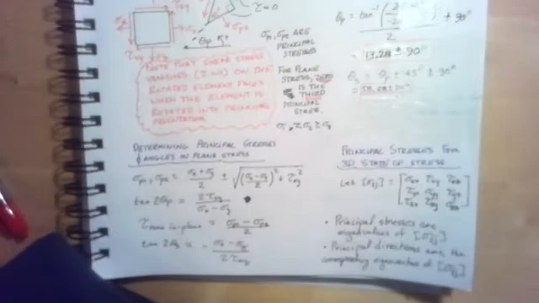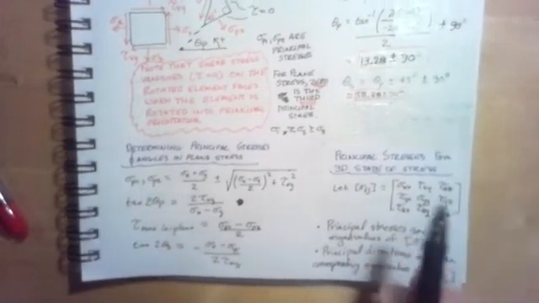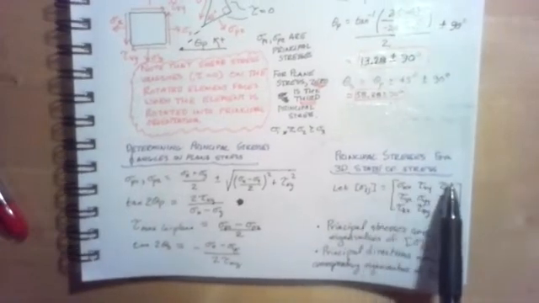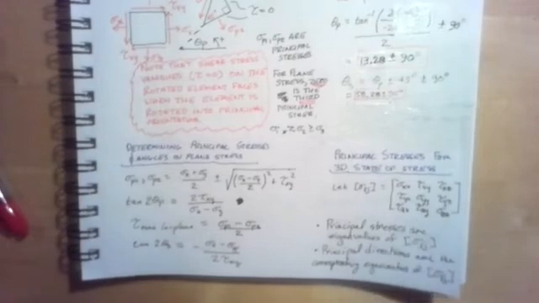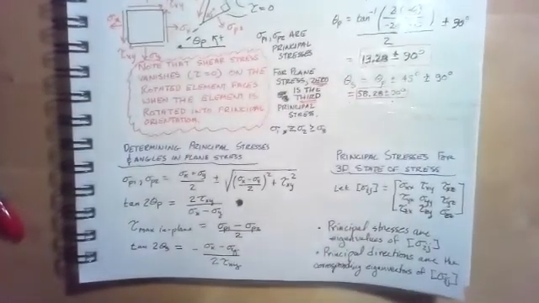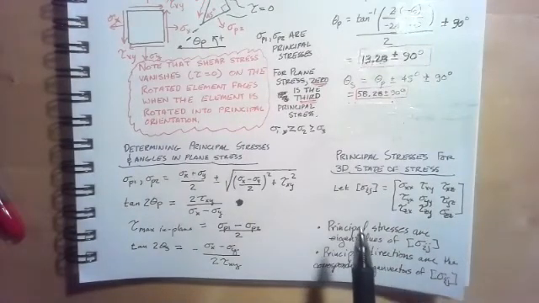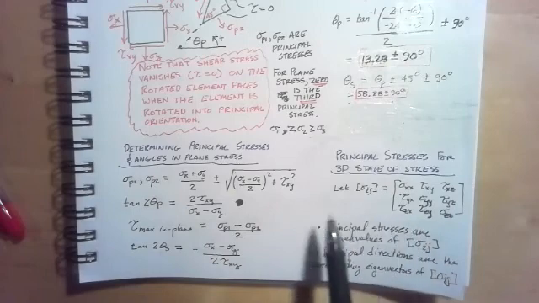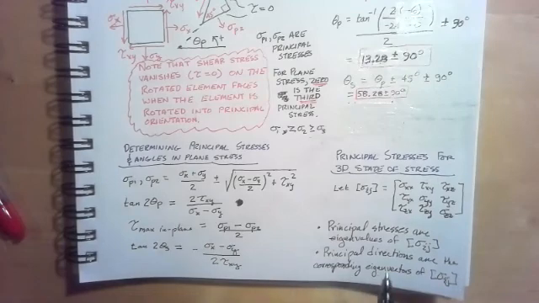But I did want you to understand that if we write out the stress tensor components in matrix form, the first row is sigma xx, tau xy, tau xz, the second row being tau yx, sigma yy, and tau yz, and the third row being tau zx, tau zy, sigma zz, we would just find the principal stresses as the eigenvalues of this matrix, and we have many good computer programming packages, like MATLAB, that can do that for us in the blink of an eye.